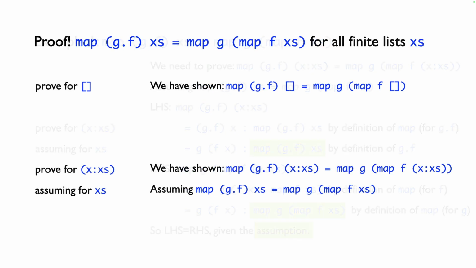And there we have our proof that map of g dot f xs equals map of g applied to map of f xs for all finite lists xs. Because we showed it outright for the empty list, and we proved it for the list x cons xs, assuming it was true for the list xs. This gives an example, it gives a template for what proofs of properties over finite lists look like. So let's look at some other examples and see where we can go with those.